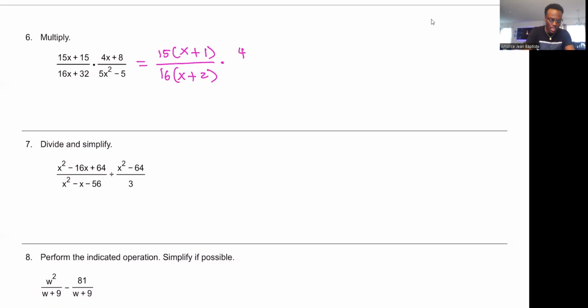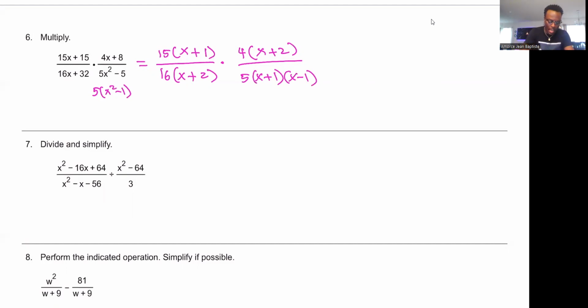4 is the GCF of the top of the second fraction, x plus 2, and then 5 is the GCF, but when you factor 5 out, you would get x squared minus 1, which is a difference of squares. Then you refactor x plus 1, x minus 1. Then now we go ahead and simplify all the common factors of this expression.